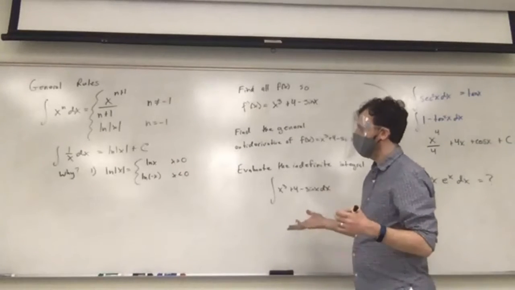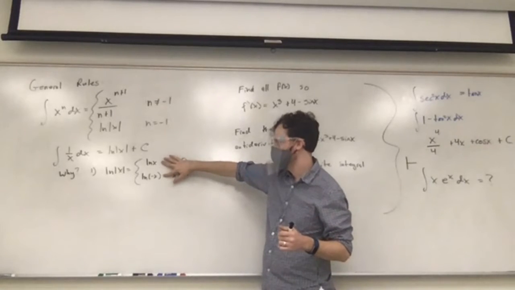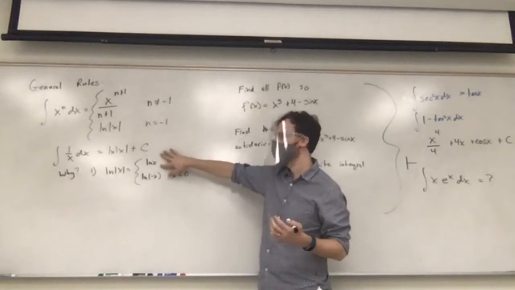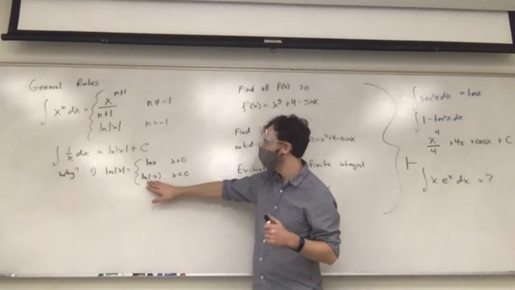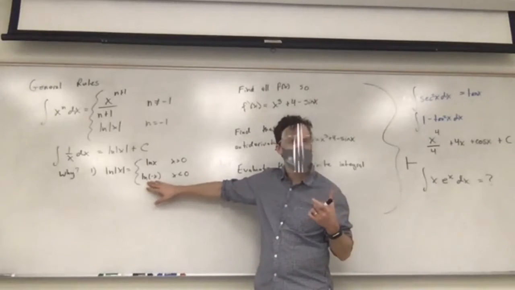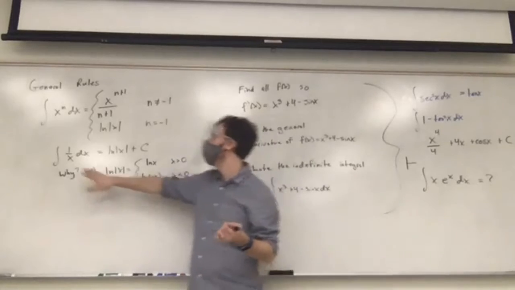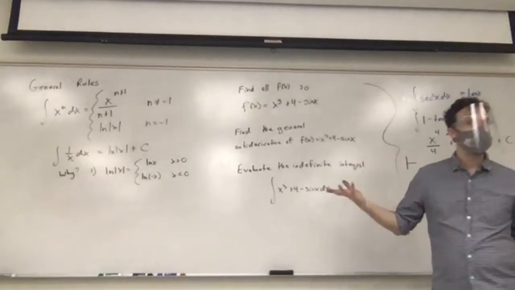And what you can check is that for either of these functions, both of them have as their derivative 1 over x. The natural log, that's our standard derivative rule. This natural log of minus x, it's a little chain rule problem, but the minus signs cancel and you do get just 1 over x. So that's why it's true.